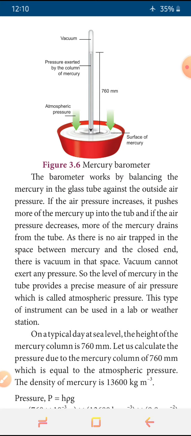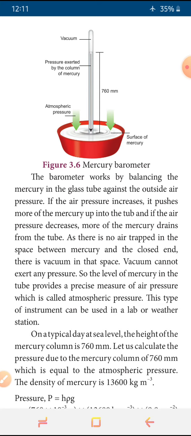That vessel is fully filled with mercury, and the narrow tube has one end open and the other end closed. First we fill the mercury inside the tube, then we invert it. The open end is immersed into the mercury already filled in the vessel.